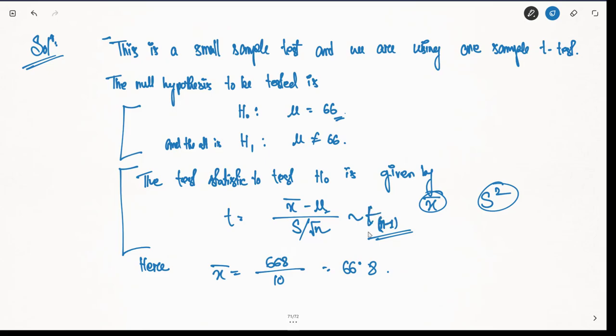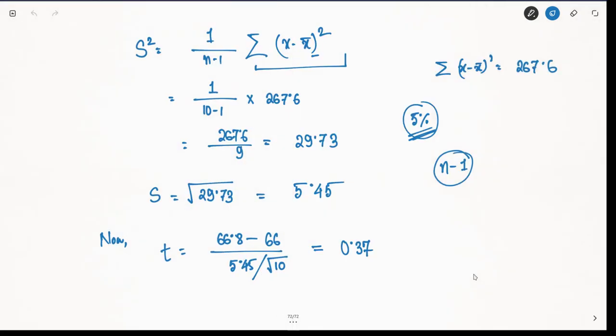That means here we have one restriction, so n minus 1 degrees of freedom is what you need for the tabulated value for t-test, right?